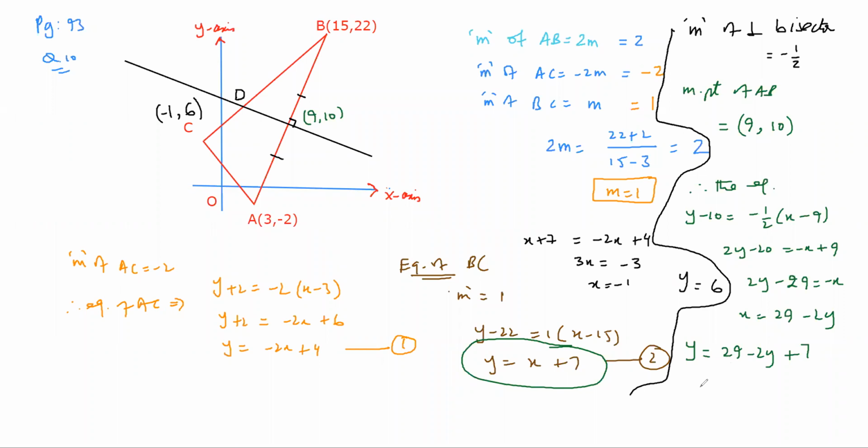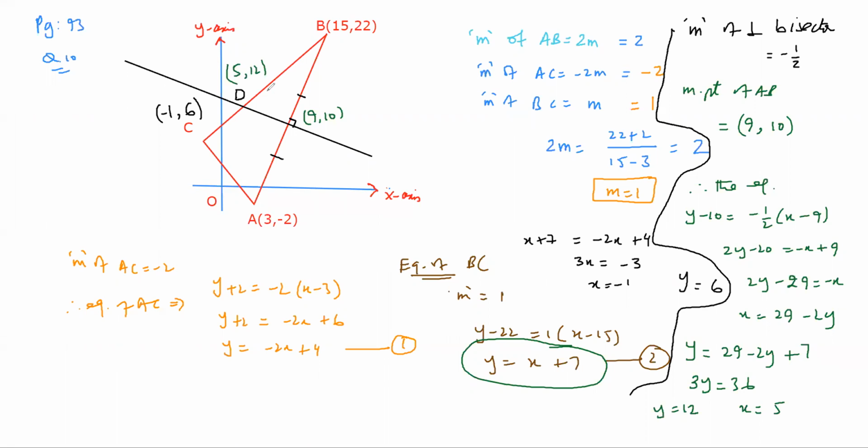Okay, now this is going to be 3y equal to 36. Yeah, this is y equal to 12. And let's put y here. And then your x is going to be 12 minus 7, that is 5. So this point D has the coordinates 5, 12.